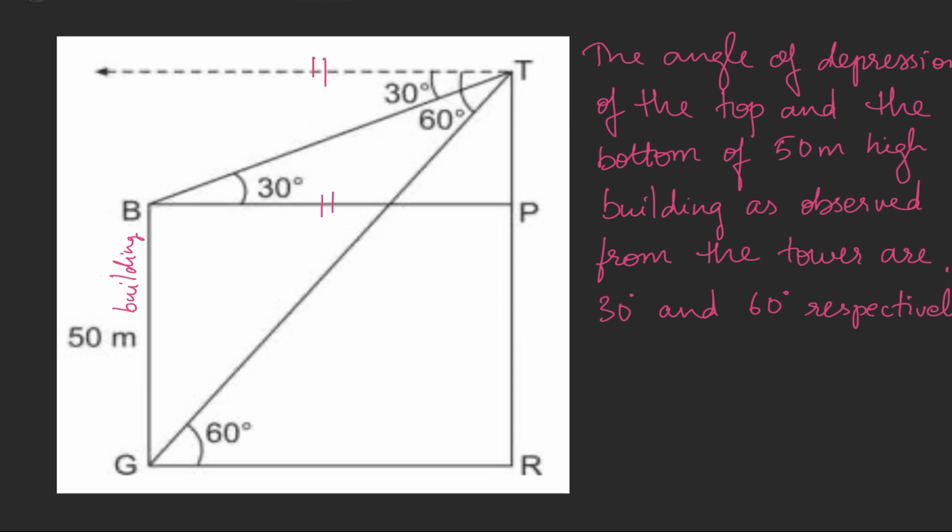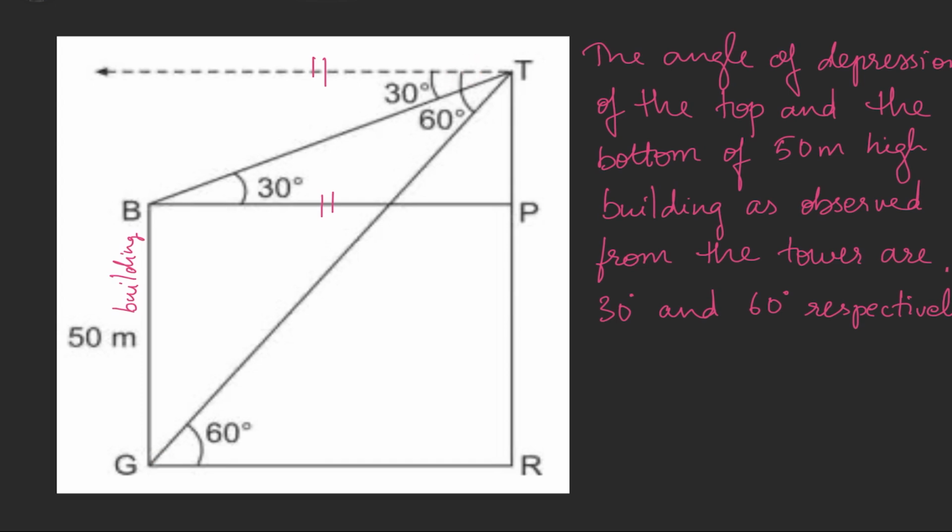Even though now the observer here is at the top of the tower, when he wants to look at the bottom of the building, definitely yes, he has to look down. So, when he is looking down, it is angle of depression. But how will this angle of depression be measured? It will be measured from the horizontal line.